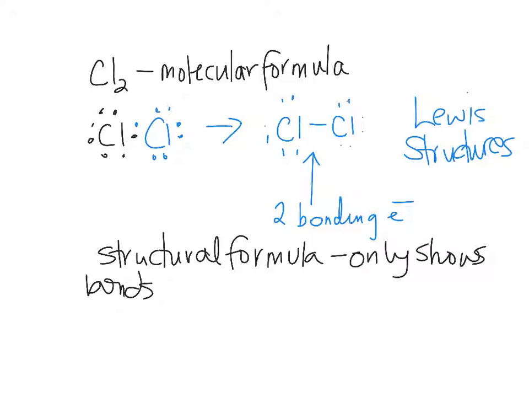So the structural formula for Cl2 is just a Cl and then a bond and then another Cl. So that's a structural formula. Okay? Yes, no? All right.